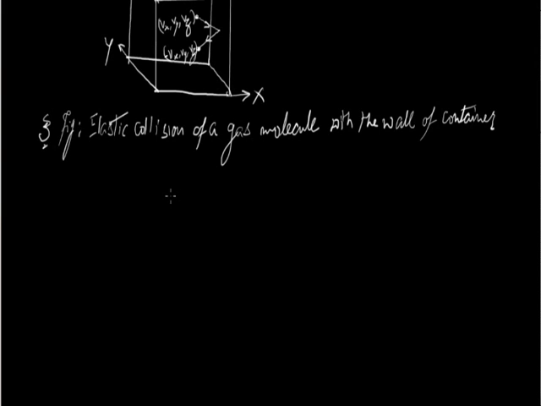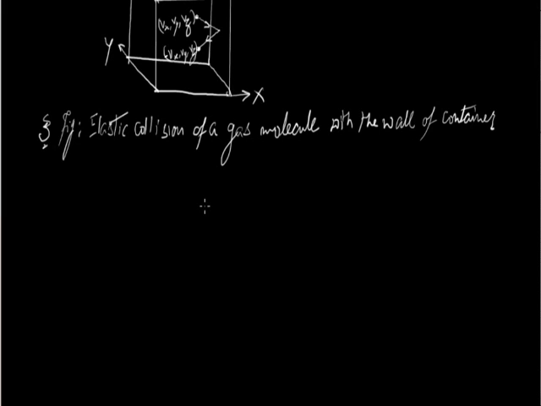Since the collision is elastic, the molecule rebounds with the same speed. Its y and z components of velocity do not change in the collision, but the x component has a reverse sign because it is opposite to the x direction after the collision. So the velocity after collision is minus Vx, Vy and Vz.